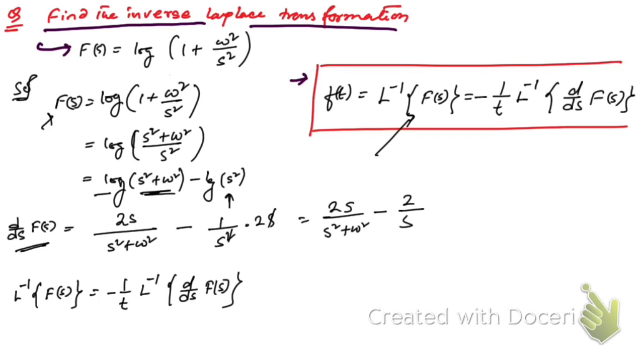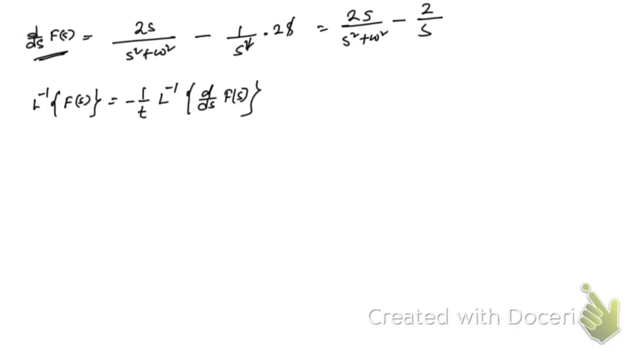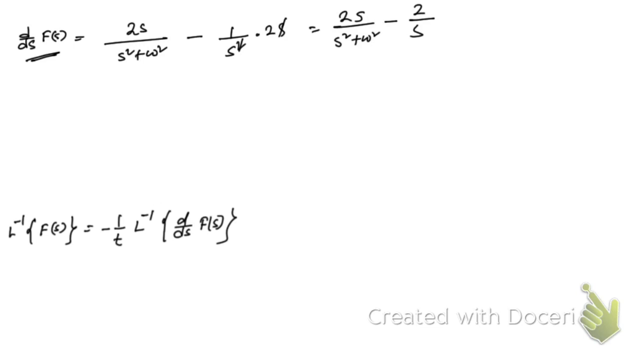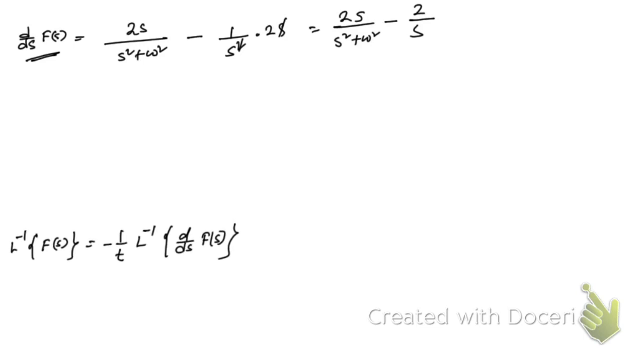So inverse Laplace transformation, just let me copy the last two lines and let me go to a new slide. Okay, so here you see, in order to find the inverse Laplace transformation of this, we need to know the inverse Laplace transformation of the derivative of f of s.